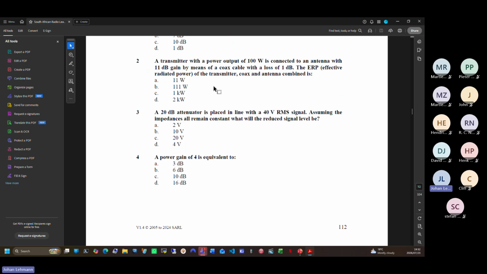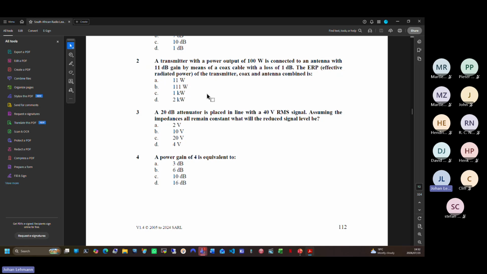Then a transmitter with a power output of 100 watts is connected to an antenna with 11 dB of gain, by means of a coax cable with a loss of 1 dB. The effective radiated power of the transmitter, coax and antenna combined is. Again, we're working with watts, so we've got to convert 100 watts to dB. From our example, you should remember what 100 watts changes to in dB.